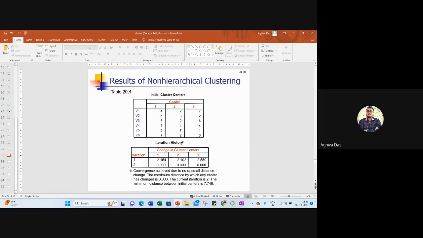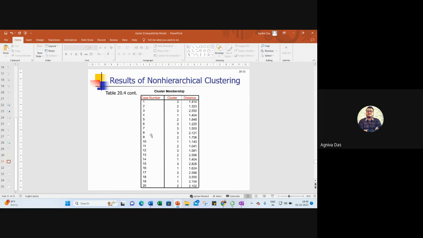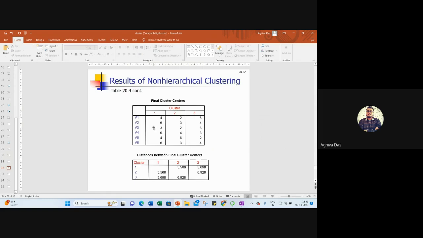Right. All right, let's move on. And as you can see, they are measuring the distance between each case and the cluster, and based on that distance, they are finally allotting values to each cluster.